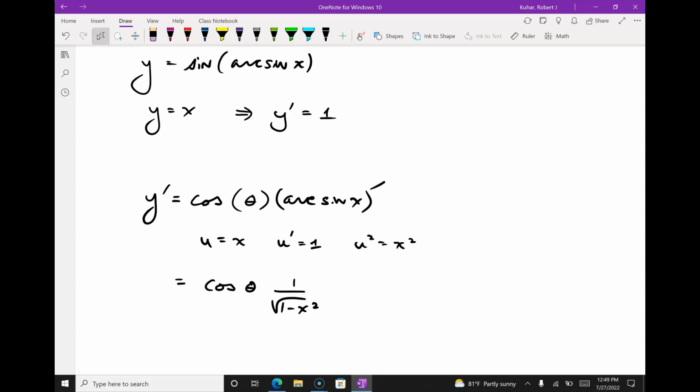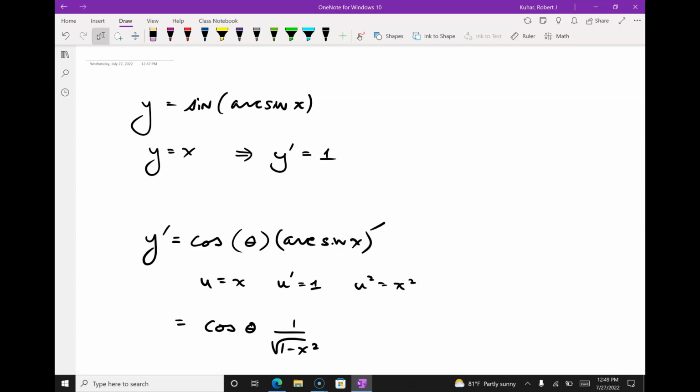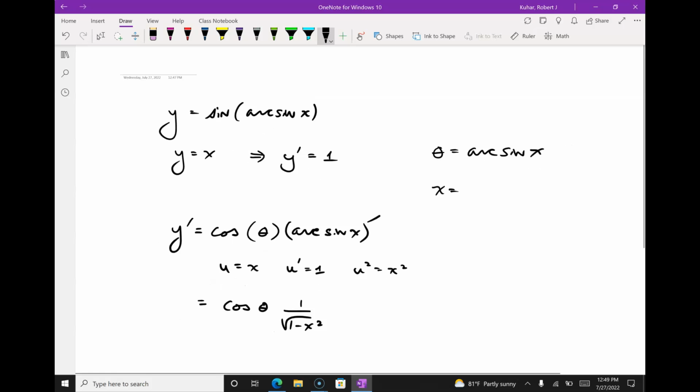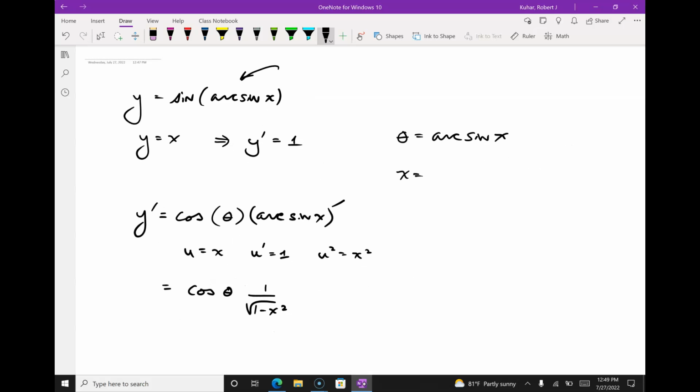Yes, you with me? But what is x? That's my problem here. I know theta is the arcsine of x. What is x? Yeah, so when I see an inverse trig, it's an angle. So cosine theta of arcsine x, yes, theta is arcsine of x.